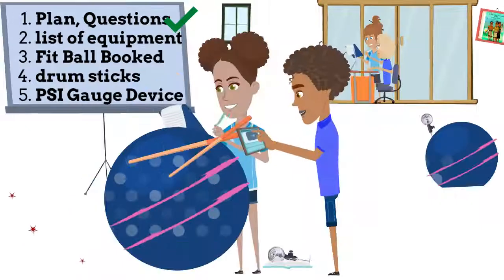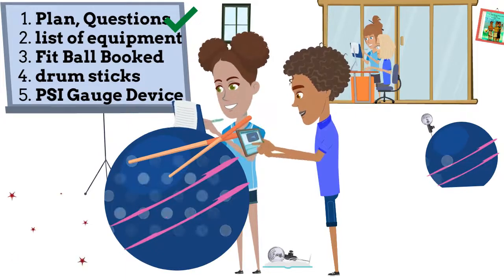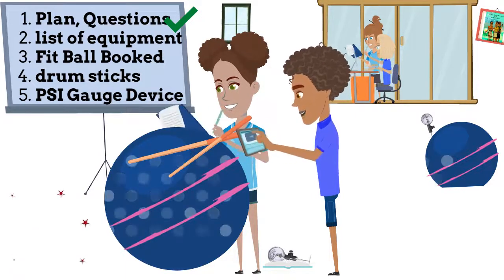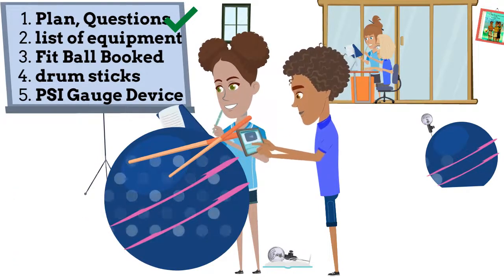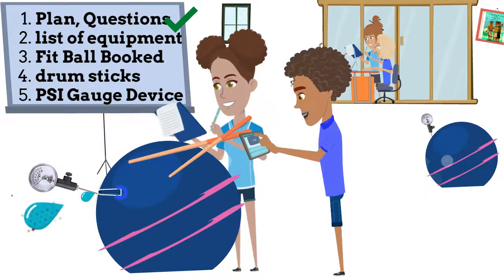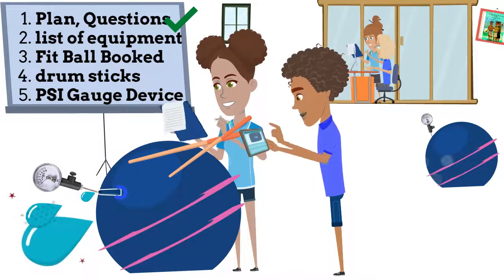Okay, so our questions are, let me see. Oh yeah, I want to know if a deflated football will make a sound if struck by a drumstick. Write that down. And you, everyone, check if the tone or pitch is different. Okay, according to our plan we have to insert the PSI gauge into the tube to release air. How much air per inch tube did we decide on?